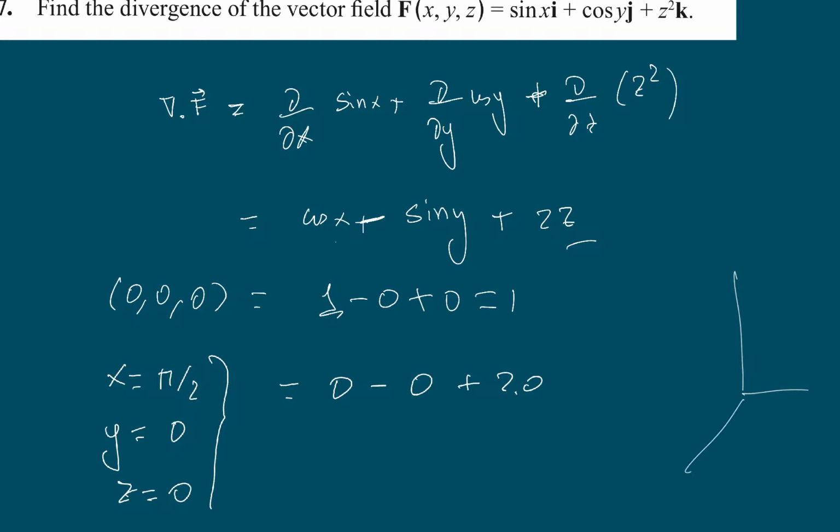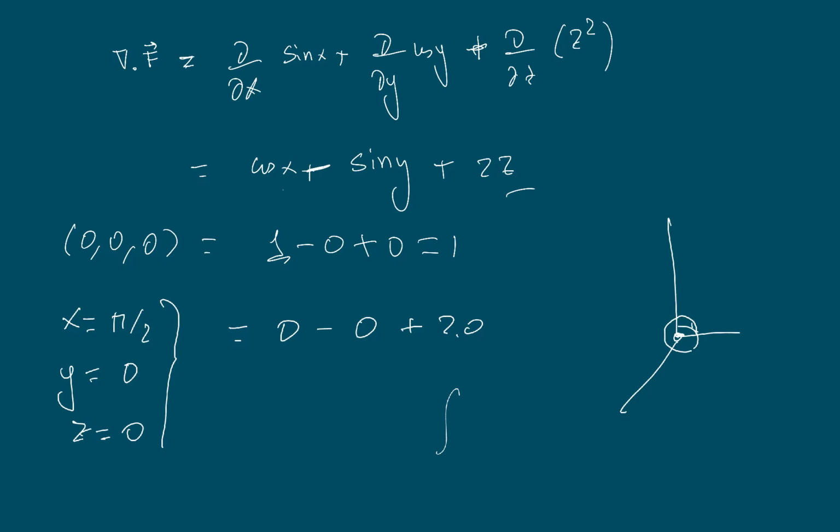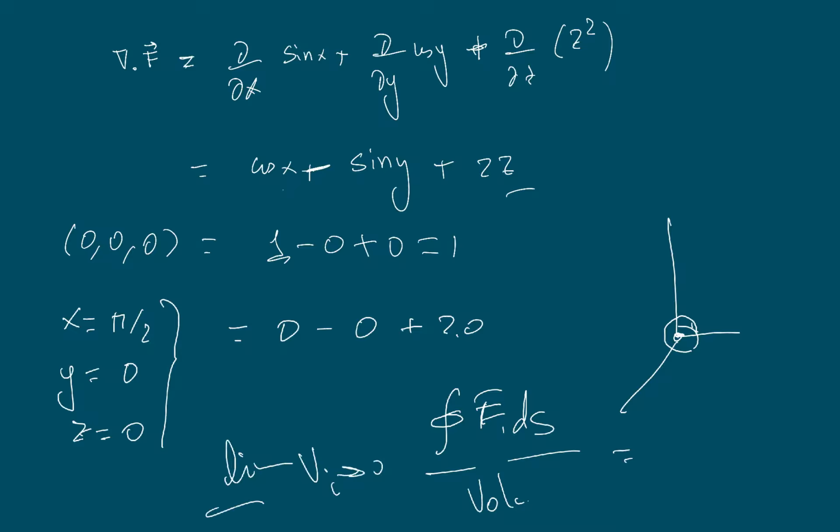What it means is that the divergence is 0 at this point. If you stop at this point and you imagine that you have a small sphere surrounding the point, and you calculate the flux of the vector field f scalar dS over the sphere, the total flux per unit of volume when the volume V goes to 0 in the limit, the total flux will be 0 at that point.